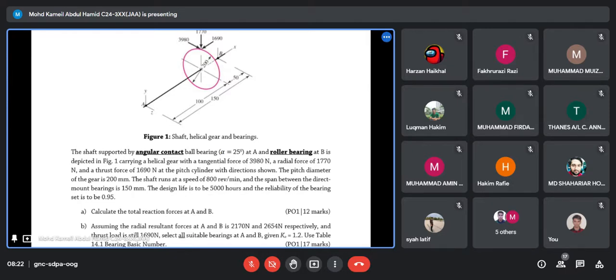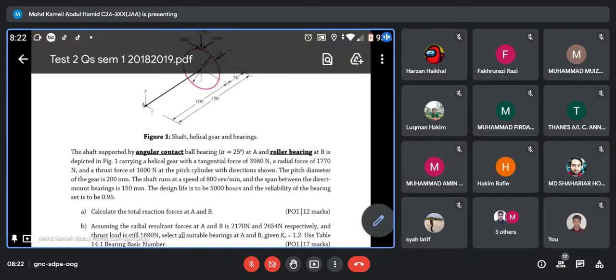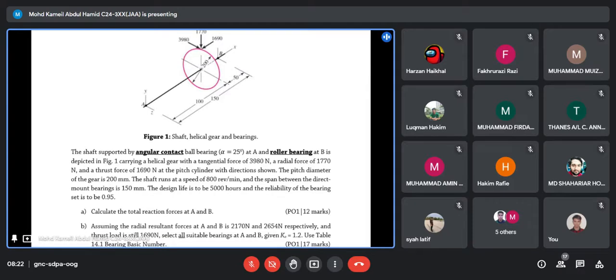Carrying a helical gear with a tangential force of 3,980 Newton, radial force of 1,770 Newton, and thrust force of 1,690 Newton at the pitch cylinder with direction shown. The pitch diameter of the gear is 200 mm.